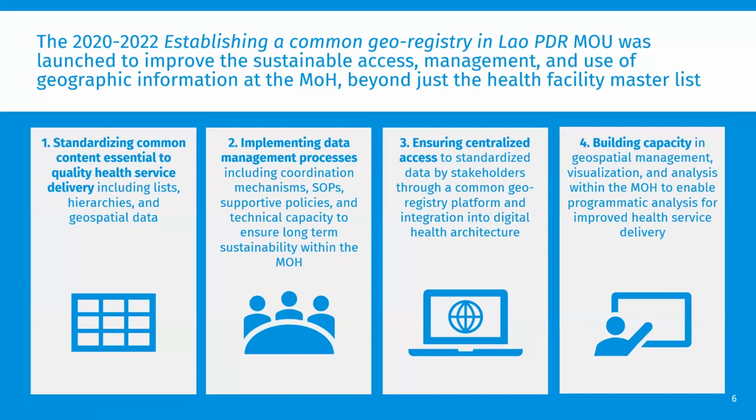That project looked at the overall access, management, and use of geographic information beyond just the health facility master list. That included improving the quality of existing lists and consolidating others where there was no master list available.